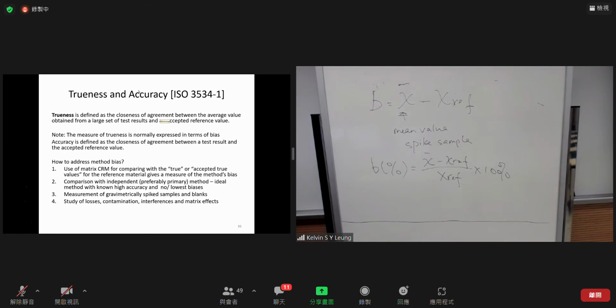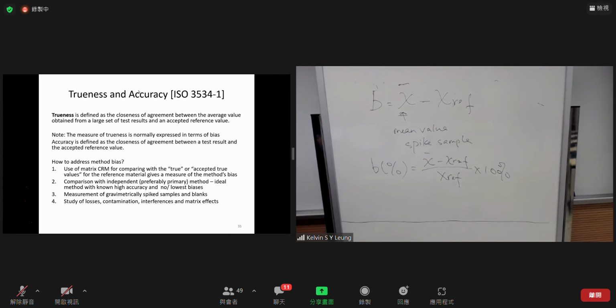Because when you prepare your target samples and weigh them, you will note how much you weighed, okay?